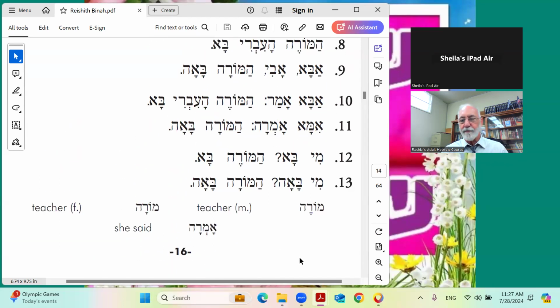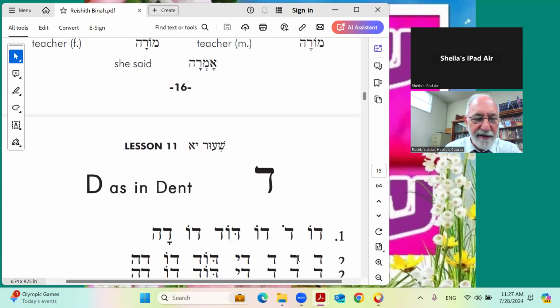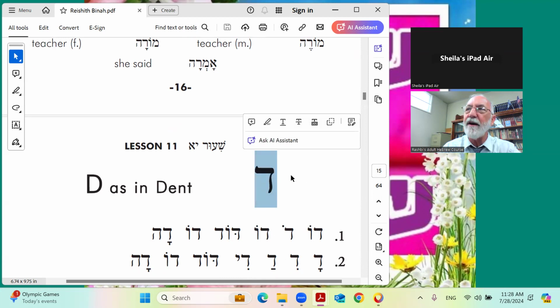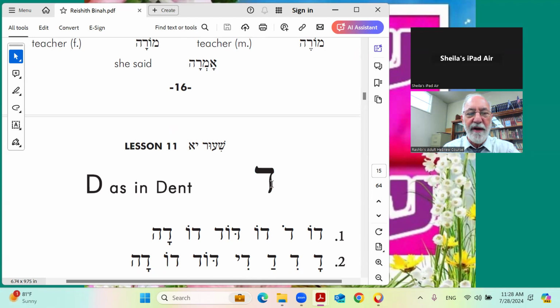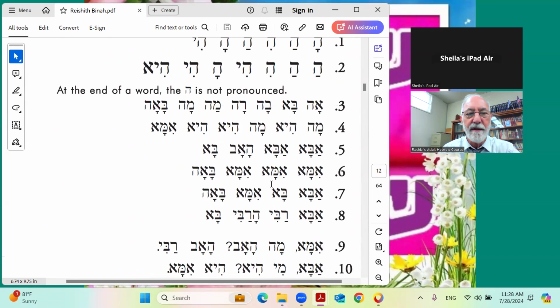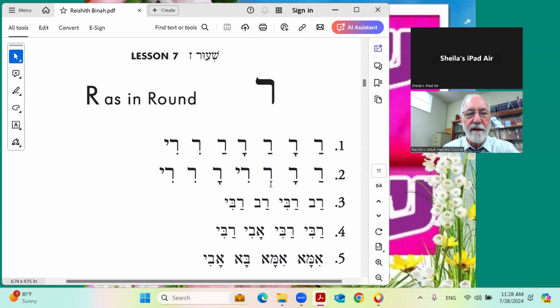Okay. So I'm just going to show you this letter. We're going to stop there. That's a lot. This is a dalet, or a duh. Notice the difference. See a dent. See this little dent thing out here? Notice the similarity and distinction between the duh and the resh.